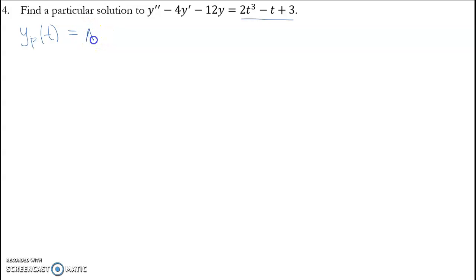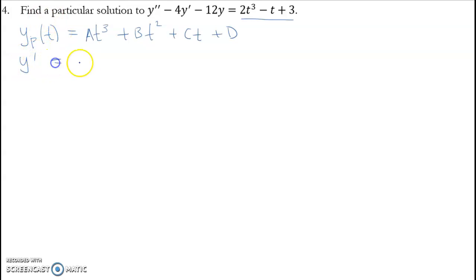So what I mean is we can guess that the particular solution will have the form of a t cubed plus b t squared plus c t plus d. This has to be true because it's in the most complete form. So let's go ahead and check.